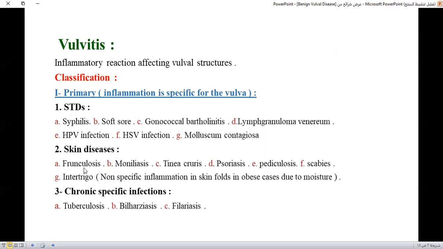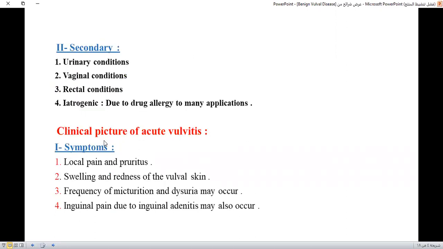Skin disease, for example furunculosis, moniliasis, tinea cruris, and non-specific inflammation in skin folds in obese cases. Chronic specific infection like bilharzia, filariasis, and tuberculosis. While the secondary causes of vulvitis are either urinary, vaginal, rectal, or iatrogenic allergy.